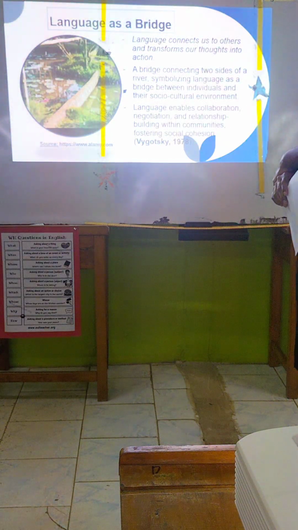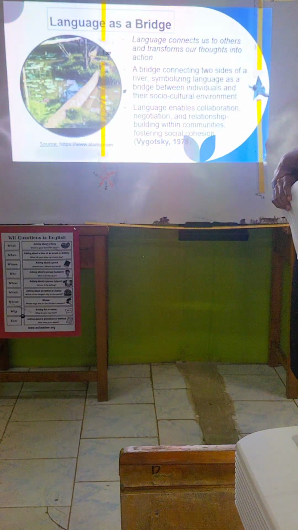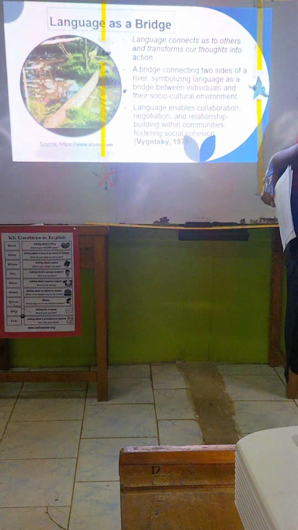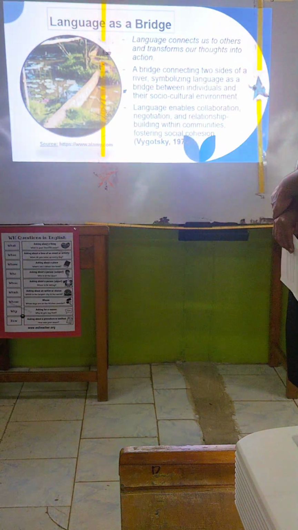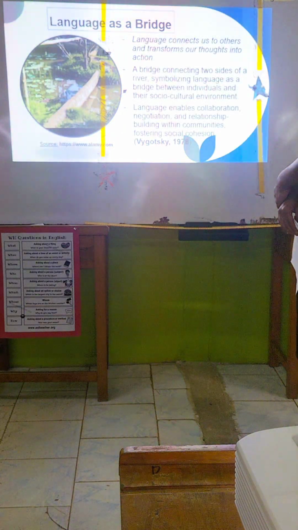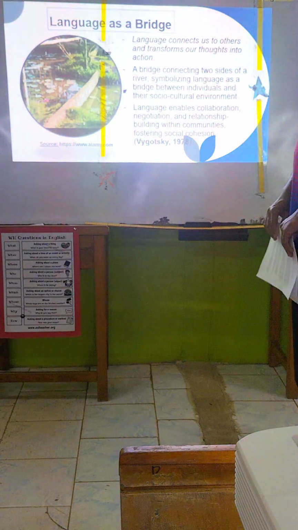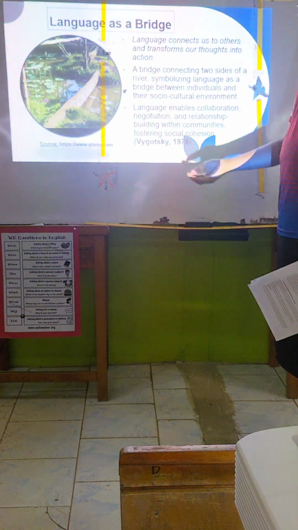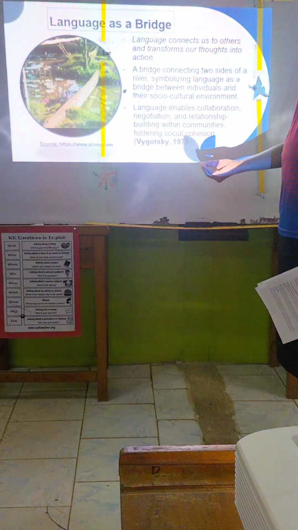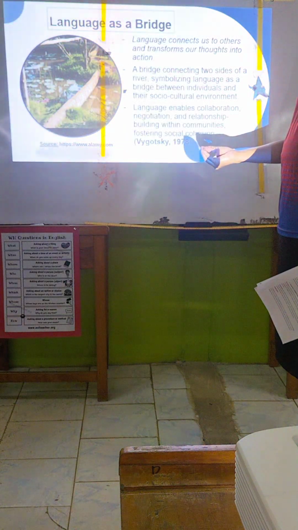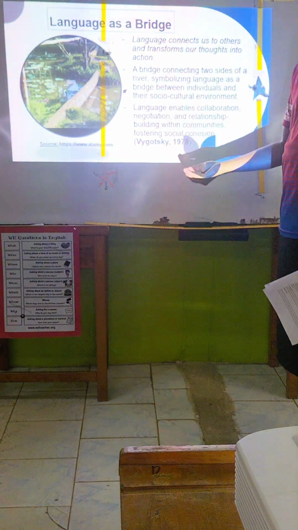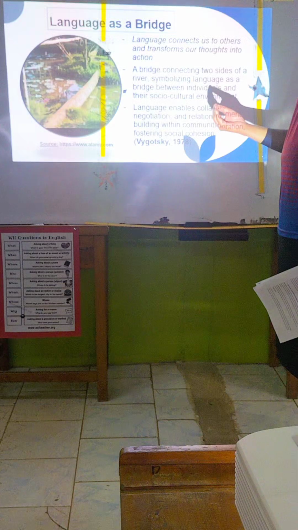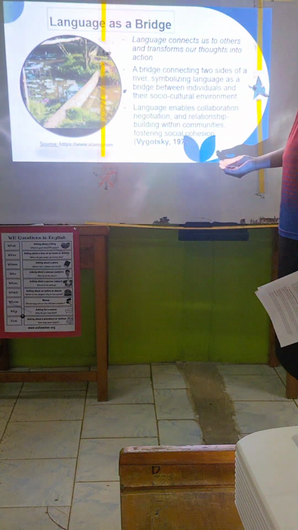The last point that I would like to share is language as a bridge. Language connects us to others and transforms our thoughts into action. You will see in the picture that is a coconut trunk. A coconut trunk can be used as a bridge, to connect us from one side to the other.